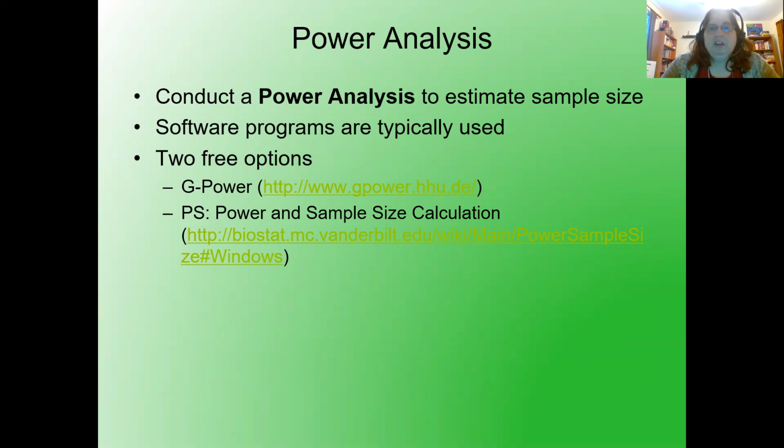It can be done, and it used to be done, but now people tend to use software programs such as G-Power and Power and Sample Size through Vanderbilt. They're both free. They're both very nice, excellent programs that you can use if you need to conduct a power analysis. You won't need to do so for this class, but if you're going forward and continue on in research, this may come up for you.